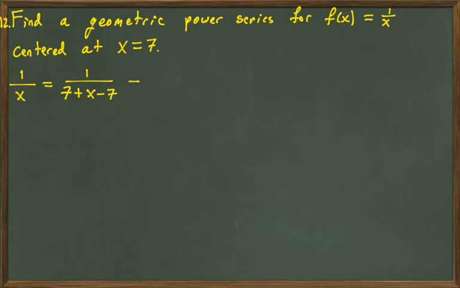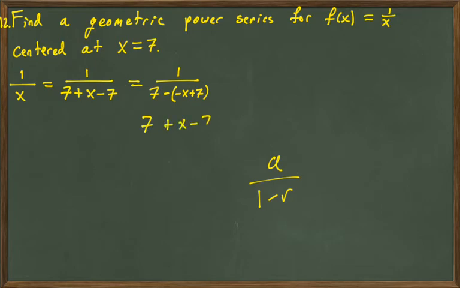So to get the form of a over 1 minus r, we're going to have to do a little bit of manipulation. So this is going to be equal to 1 over 7 minus negative x plus 7, okay? And so we can go ahead and check. This is 7 plus x minus 7, so that's still x in the denominator, so that's looking good. Okay, so we got this matched up.